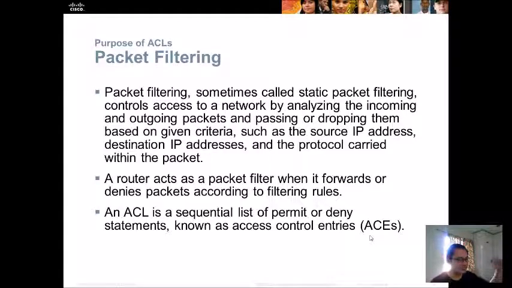These entries are read by your router according to the statements, permit or deny. And each entry is what we call an ACE, or access control entry. This access list contains the access control entries. Later you will understand how to create entries within your router, but that is the most important part.